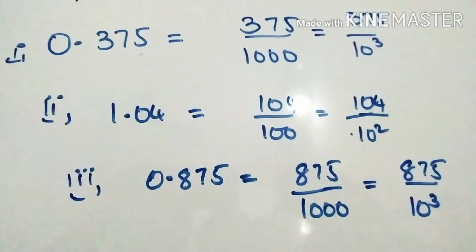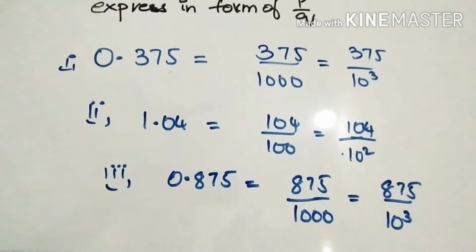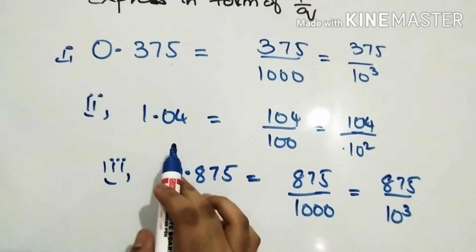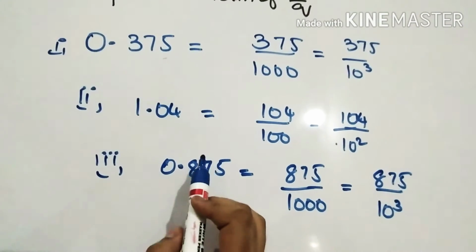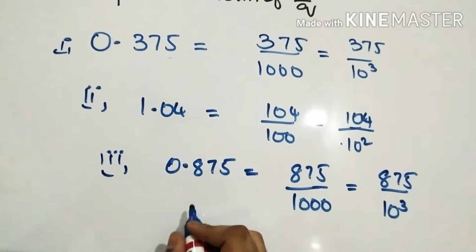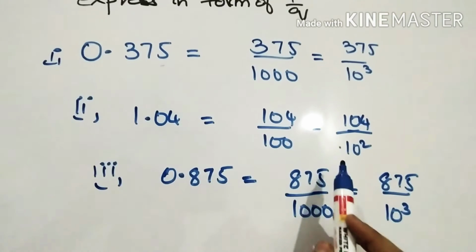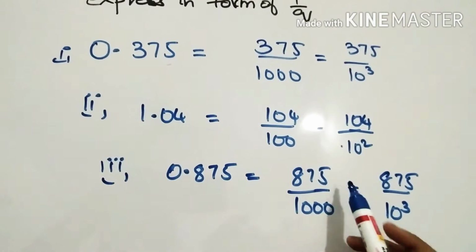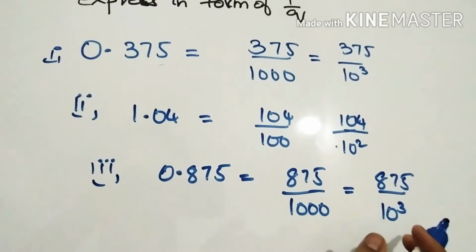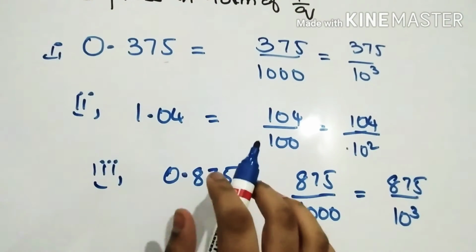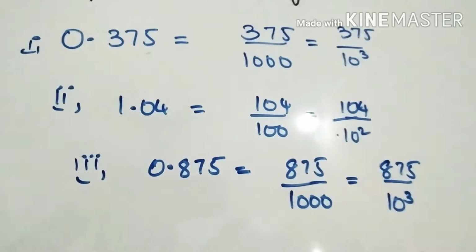So we can see that all these decimals can be expressed in the form of p by q, whose denominators are the powers of 10. Now let us factorize the numerator and denominator and then express them in the simplest form.